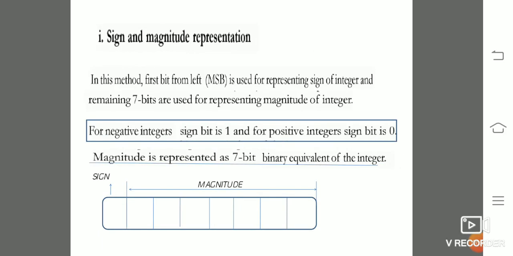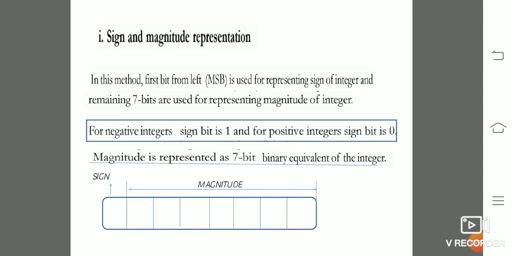The first one we are going to study is sign and magnitude representation. In this method, the first bit from the left, that is the MSB, is used for representing the sign of an integer, and the remaining 7 bits are used to represent the magnitude of the integer.